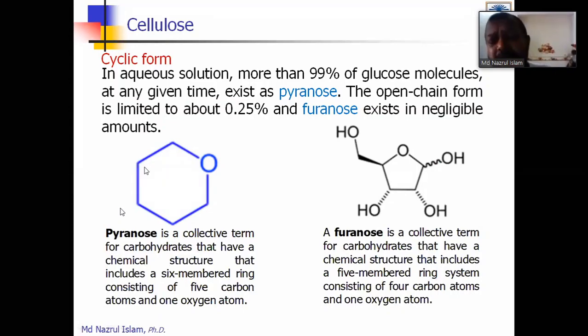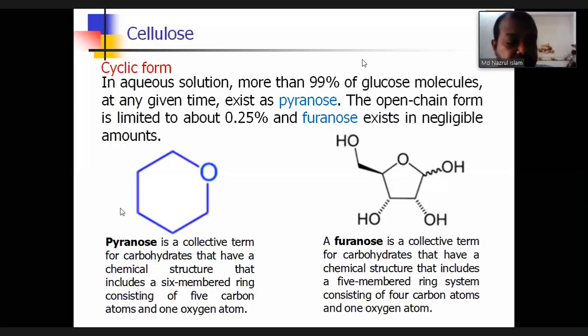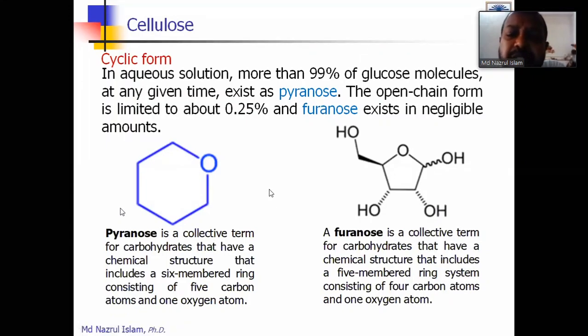So in the cyclic structure of pyranose, never think that there are 6 carbon. Definitely there are 5 carbon and oxygen. So we have 1 more carbon. That carbon is connected at the 5th carbon, because carbon has 4 arms.